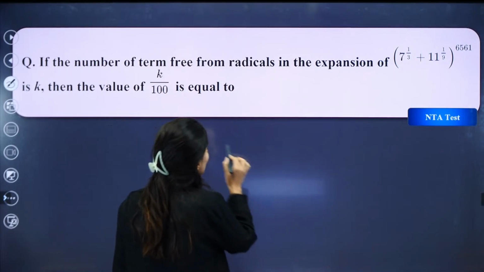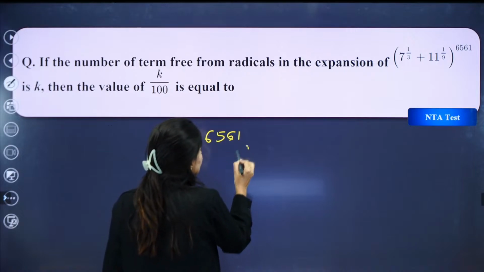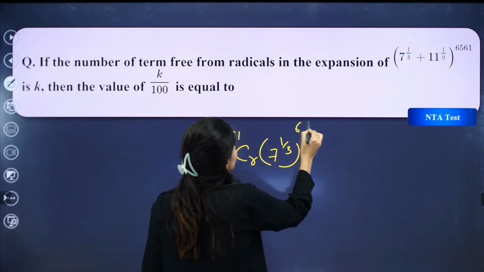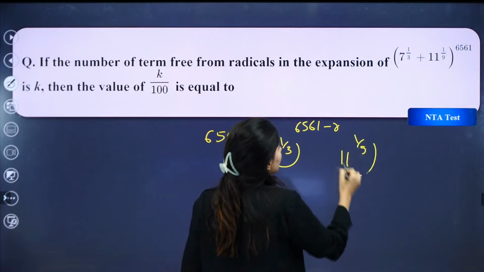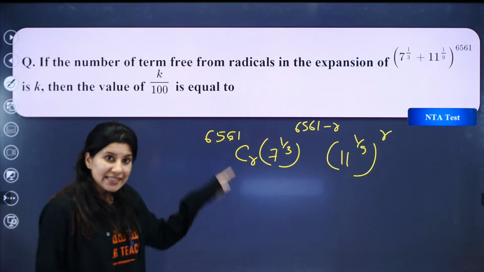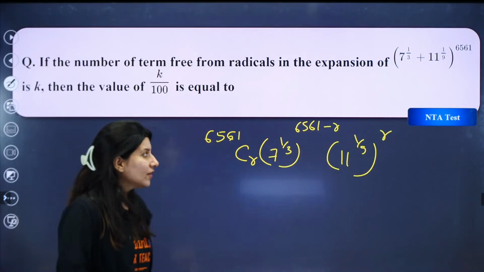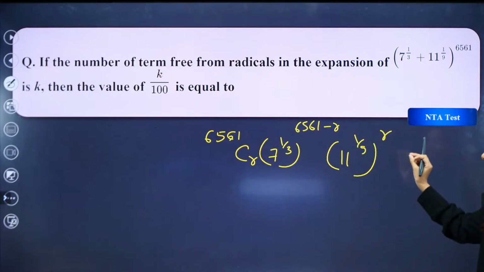First of all, the general term you have to write: 6561 C R, 7 raised to power 1 by 3 raised to power 6561 minus R, and 11 raised to power 1 by 9 raised to power R. So nCr, a raised to power n minus r, b raised to power r. Now I don't want any fractional values.